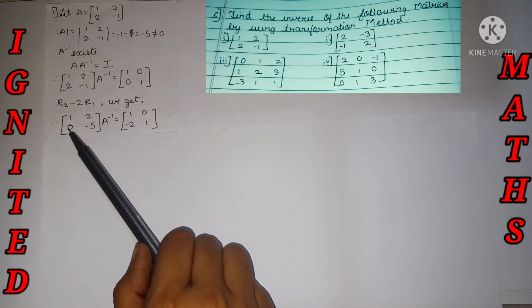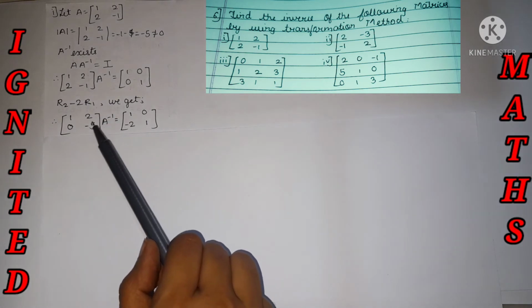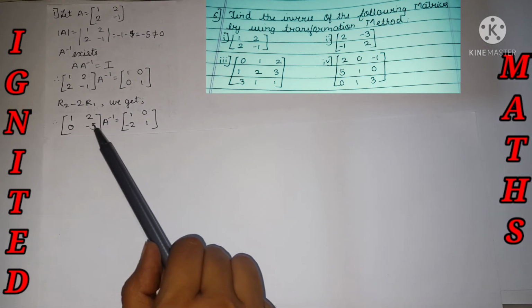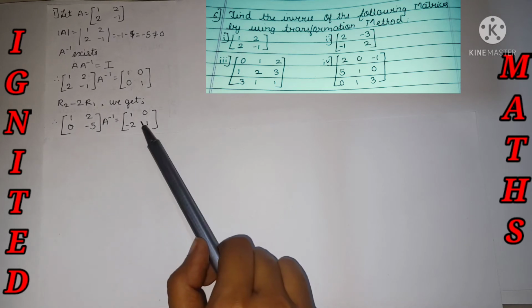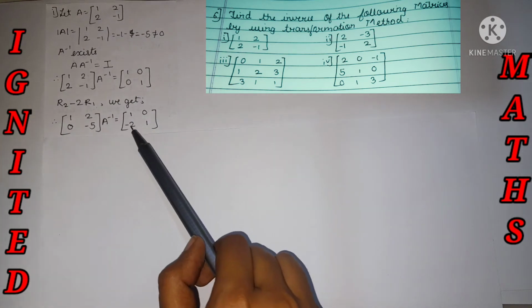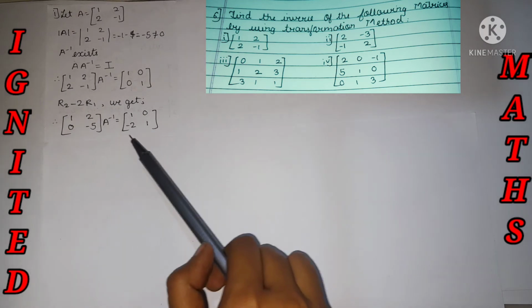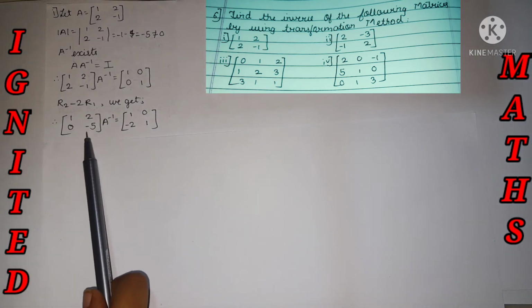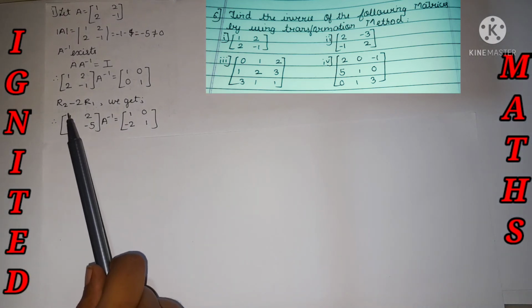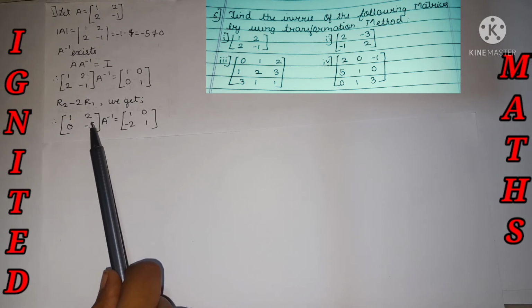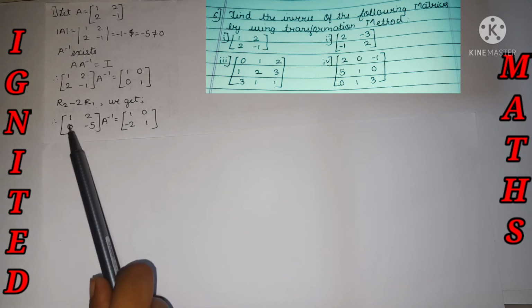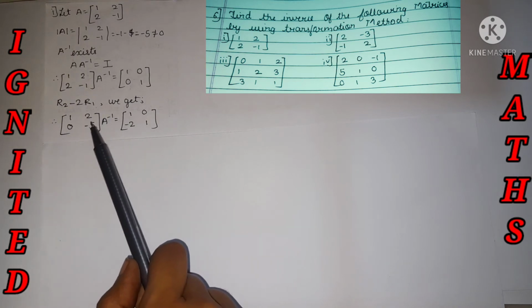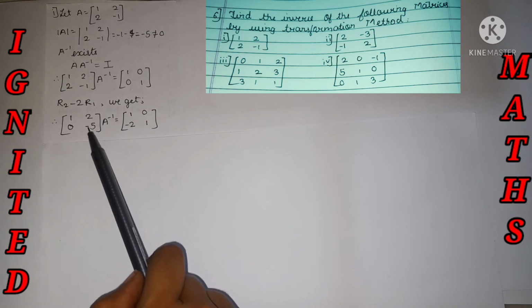The same operation I'll do on the identity side, because it's a row 2 operation. Any changes there need not worry us, but over here we need to bring it in the form of 1 0 0 1. Now in column 1 there is no need to do more. Next we need to bring this one to 1.